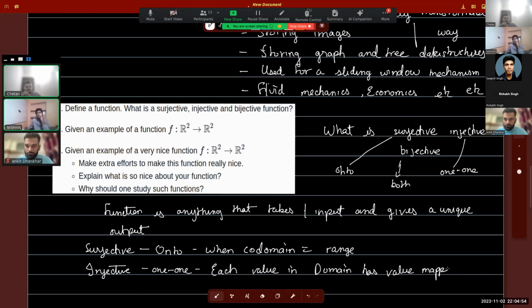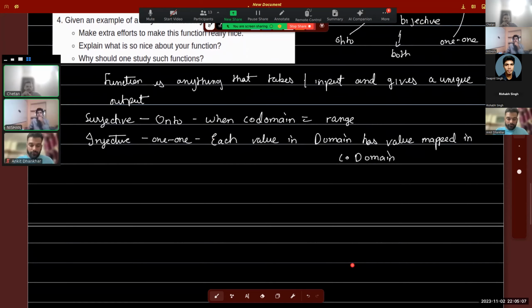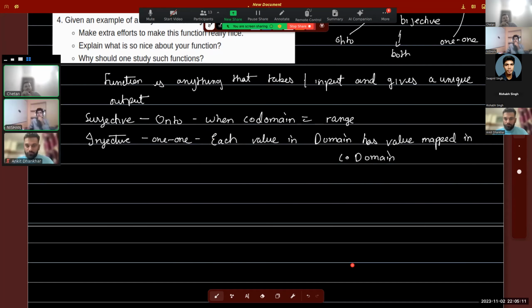By definition, you both are correct. Rishabh, you were talking in reference to relations, and Swapnil was talking in reference to functions. That's it. So surjective is when all the elements in your codomain are mapped to some preimage, some element in the domain.